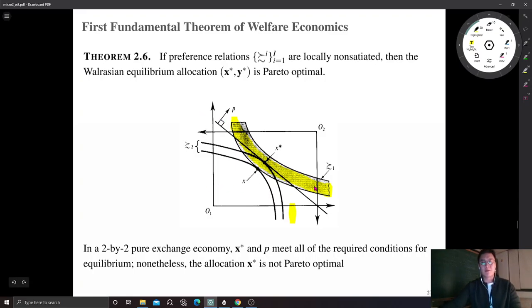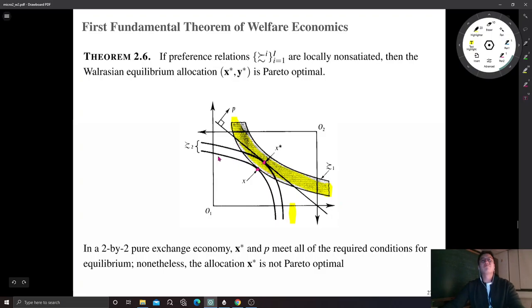By the way, this is a pure exchange economy, an Edgeworth box economy. But is it a Pareto optimal allocation? The answer is no, because without hurting consumer one, we can improve. To consumer one, this X star and allocation X are indifferent because these two allocations are in this stripe.